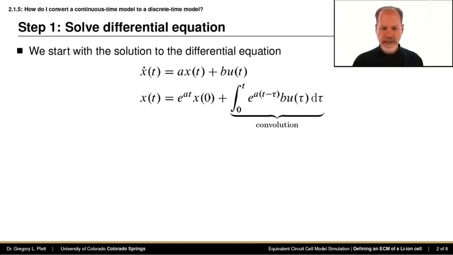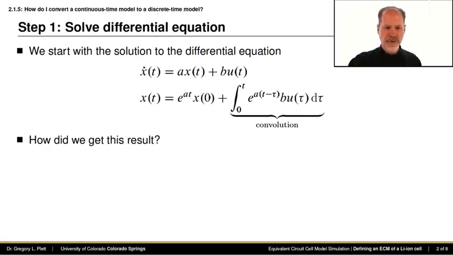The solution is that x of t at the present time is equal to the exponential of a times t, all multiplying the initial value of x, plus the integral of the exponential of a times (t minus tau), multiplying b, multiplying the input signal u of tau, as the dummy variable of integration moves between time 0 and time t. This integral is known as a convolution integral in the field of signal processing, and so you may have encountered it before.